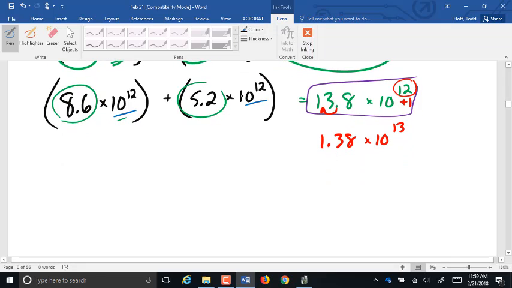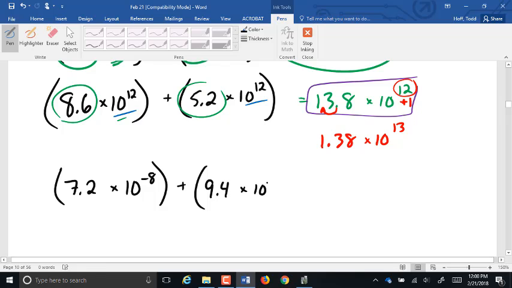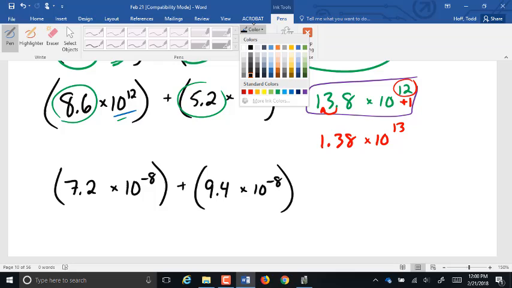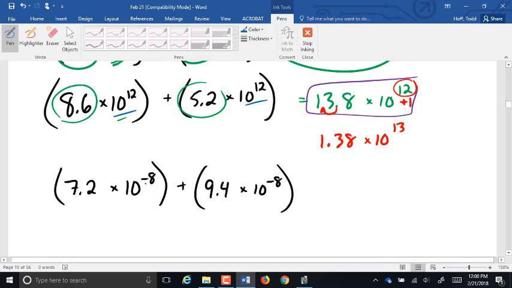It can be a little bit trickier if we have negative powers of 10. If we have something like 7.2 times 10 to the negative 8th plus 9.4 times 10 to the negative 8th. Now we have the same power of 10, so again we can just combine the counts. 7.2 plus 9.4 is 16.6, and we keep that same name of 10 to the negative 8th.